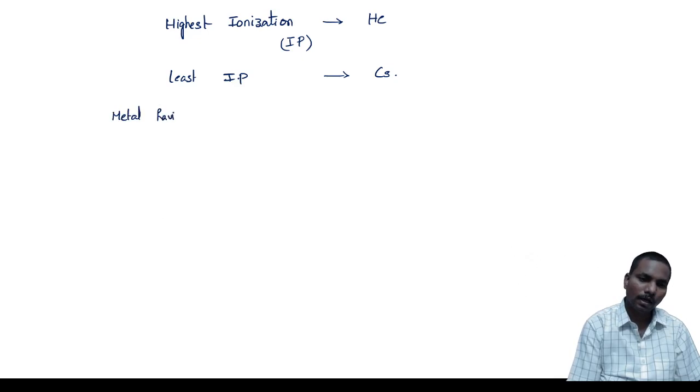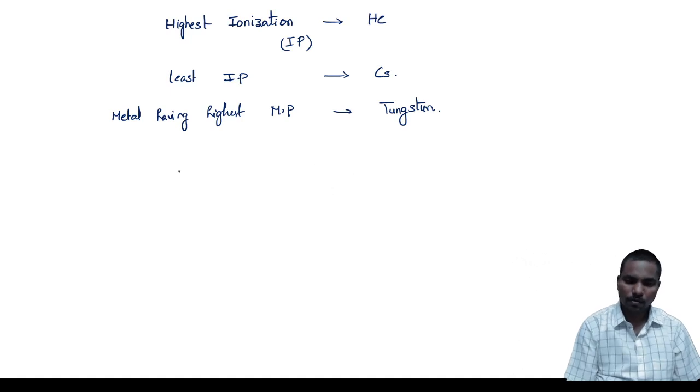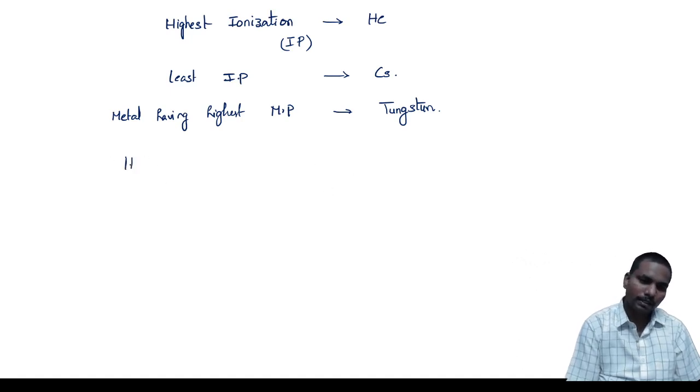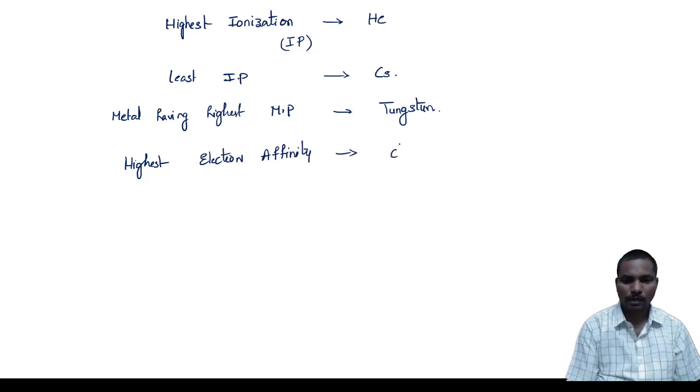The metal having the highest melting point is considered to be tungsten. That's why it is used in making filaments. Okay. Highest electron affinity, already given, chlorine.